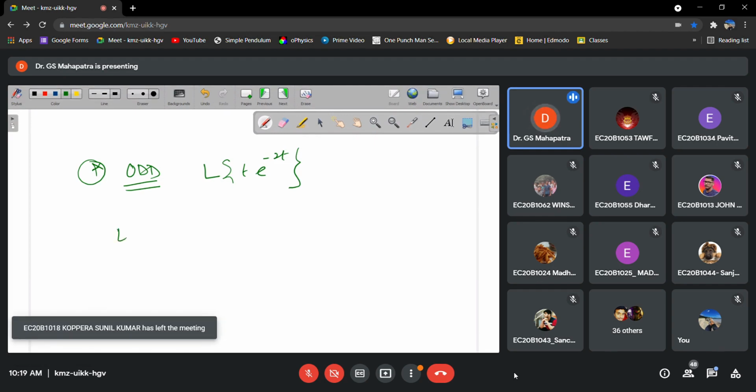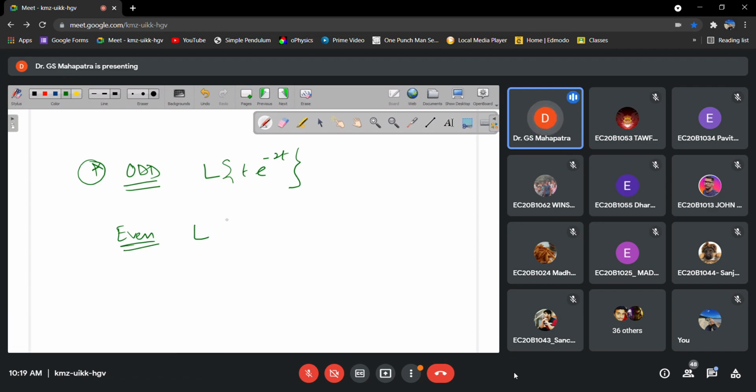And for even roll numbers, the Laplace transform of e to the power minus 3t sine 2t. What is the answer? These two we have to find.